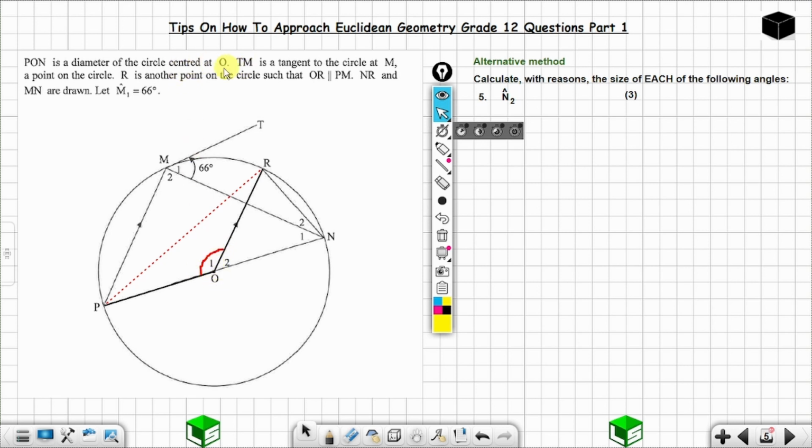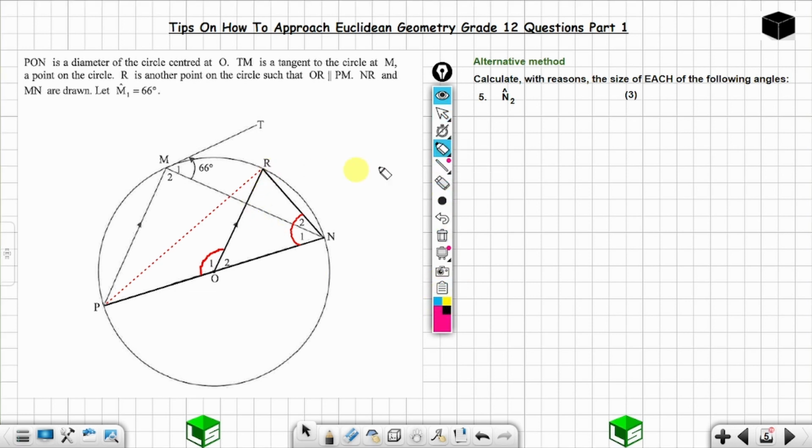This is twice this angle at the circumference. The angle subtended by the same chord now at the circumference. You can see the same chord, let me show you.